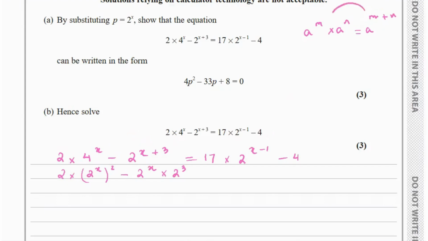We're doing the reverse now. We're splitting it into the bases. So 2 to the power of x plus 3 is 2 to the power of x times 2 cubed. Similarly, over here, 2 to the power of x minus 1 is 2 to the power of x divided by 2 to the power of 1. When similar bases are being divided, we subtract the powers. So again, we're doing the opposite now.